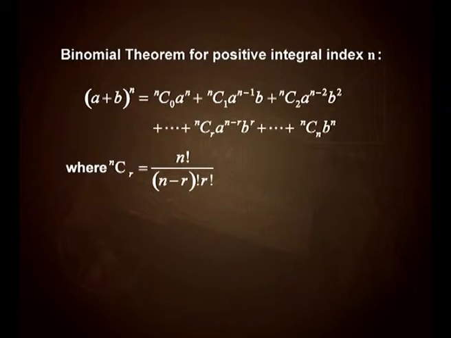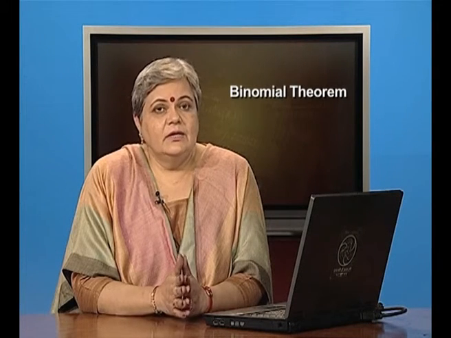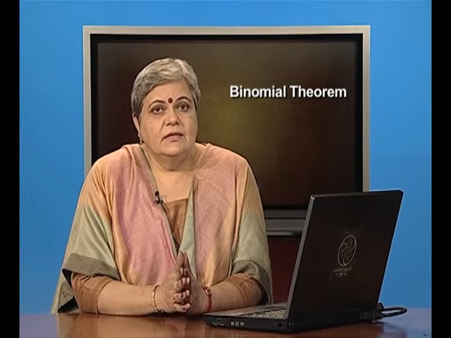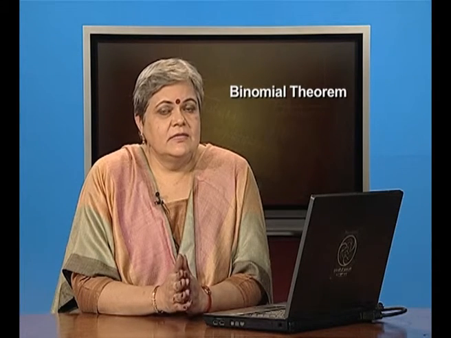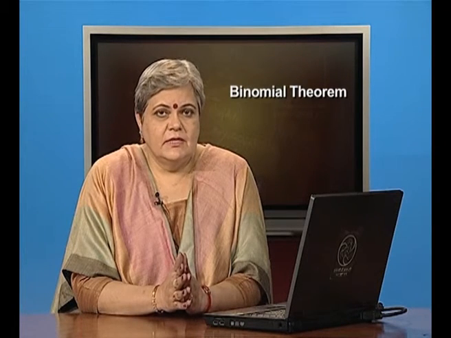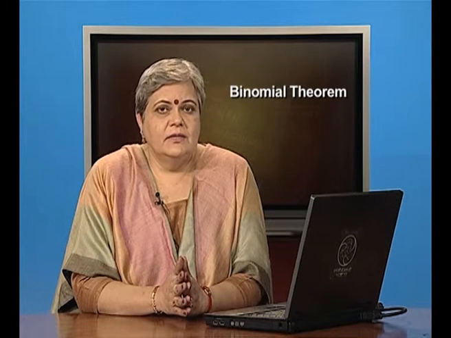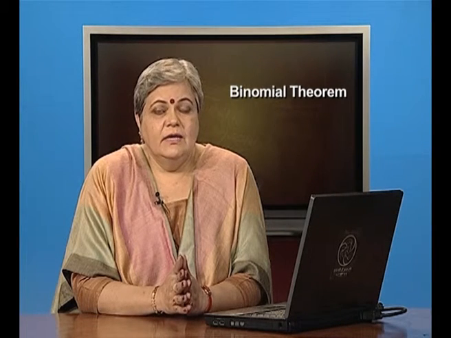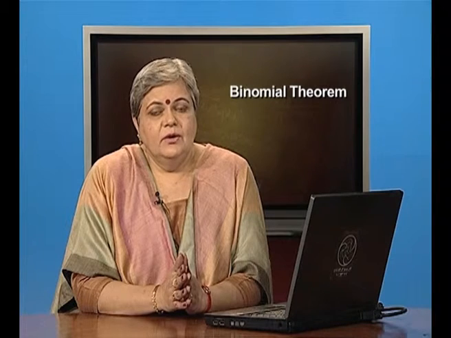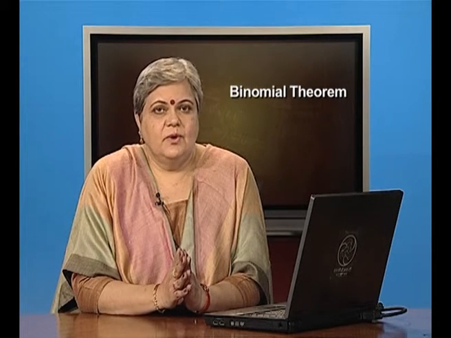We have talked about this theorem and we understood in the last lesson that if the index is n, there are going to be n plus 1 terms in the expansion. nCr a to the power n minus r b to the power r is the general term which is in the position of r plus 1.